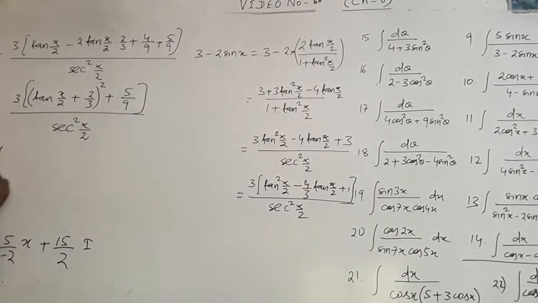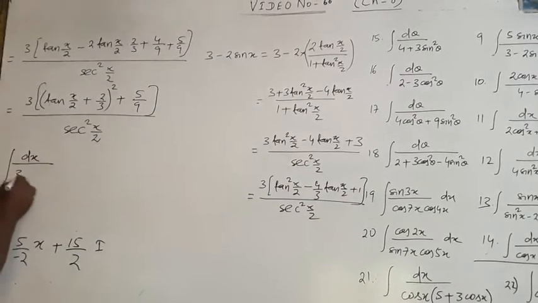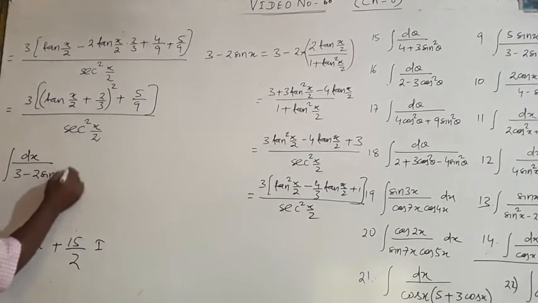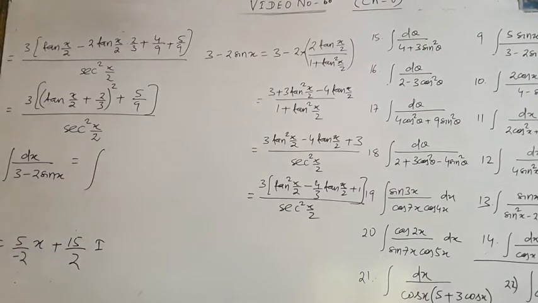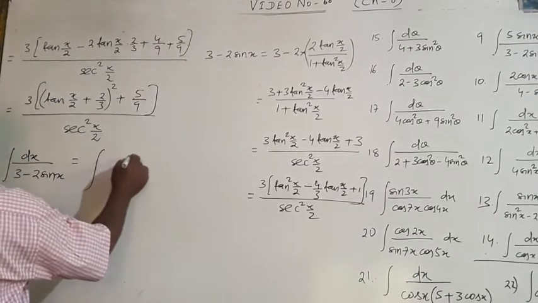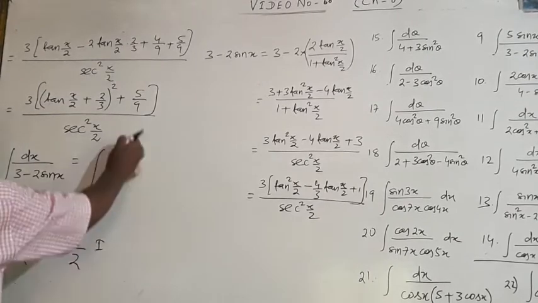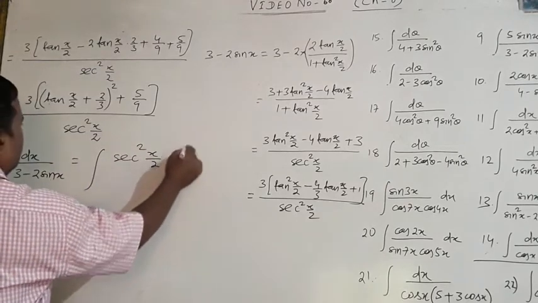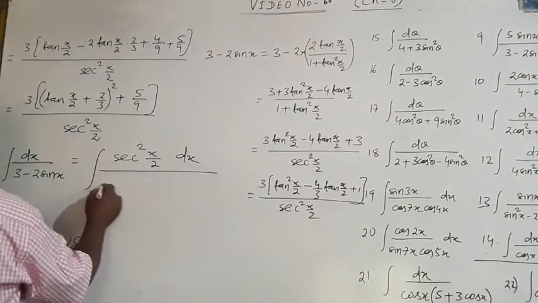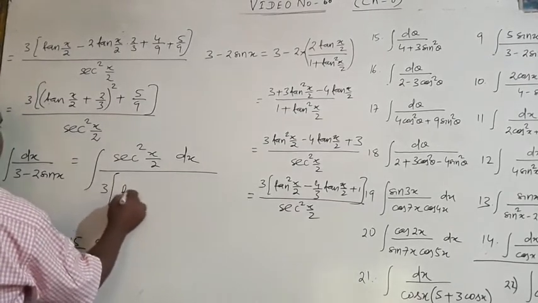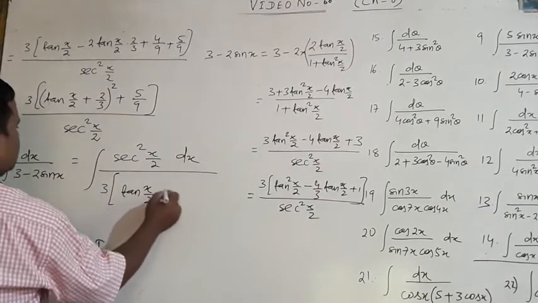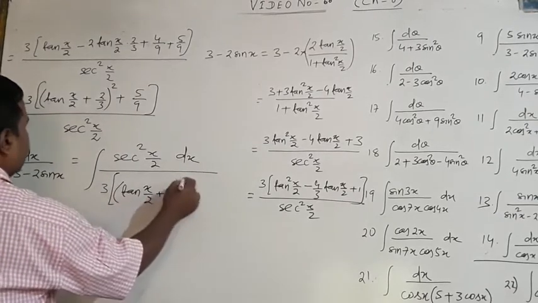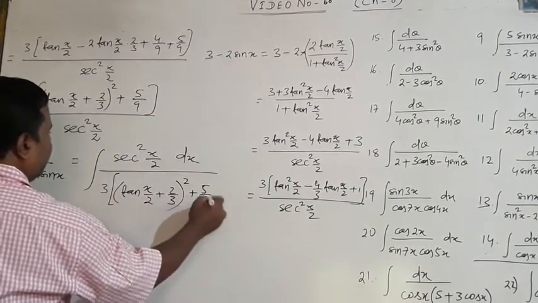Now tell me the integration of dx by 3 minus 2 sin x. It becomes what? Now in place of 3 minus 2 sin x, what you have to do? Just write dx, then sec square x by 2. This is in the denominator part, so sec square x by 2 goes to the upper part, it becomes 3 tan x by 2 plus 2 by 3 whole square plus 5 by 9.